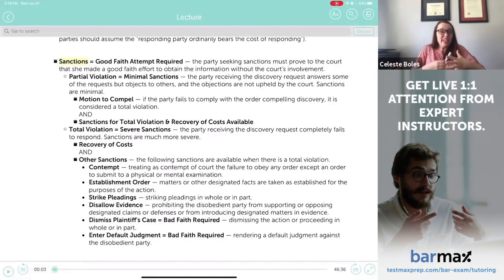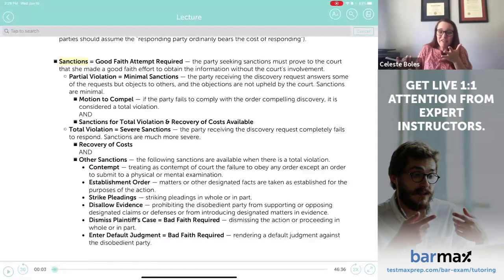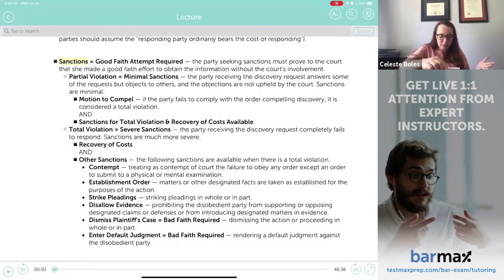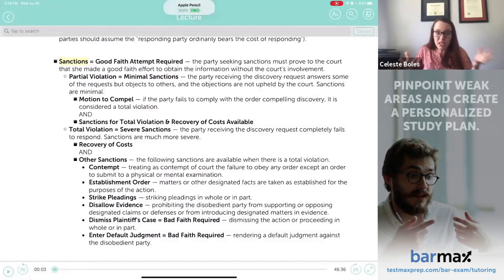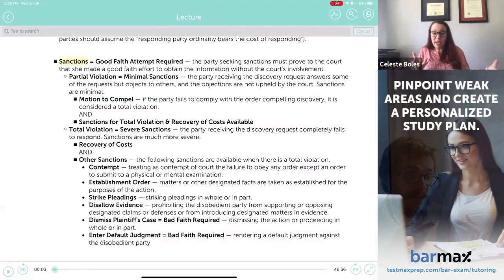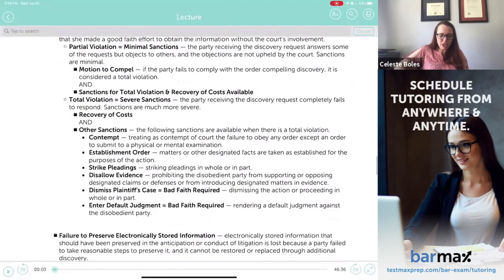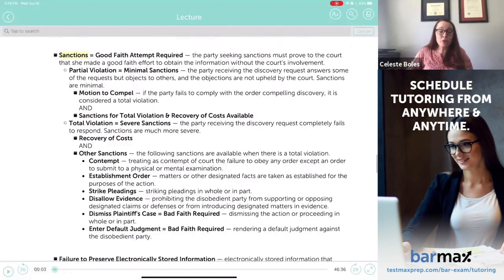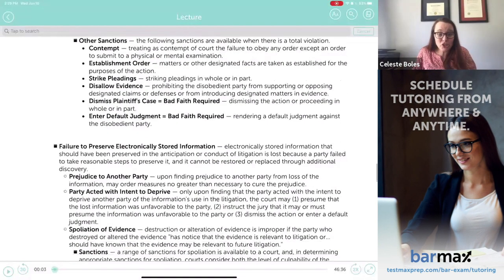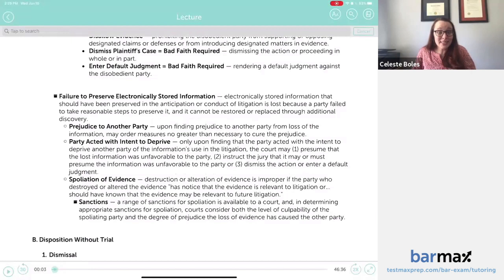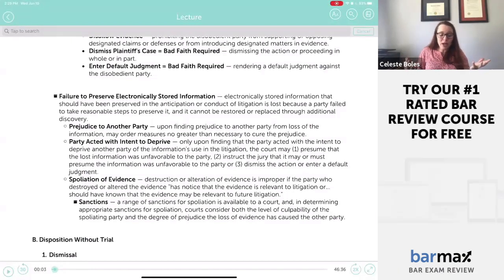We would want to find all the relevant facts and figure out which way it would go, because this one is going to be one of those things where the court has to make a judgment on sanctions, and a failure to preserve electronic information that applies to emails would apply here as well.